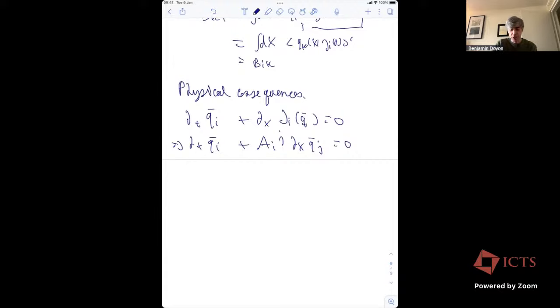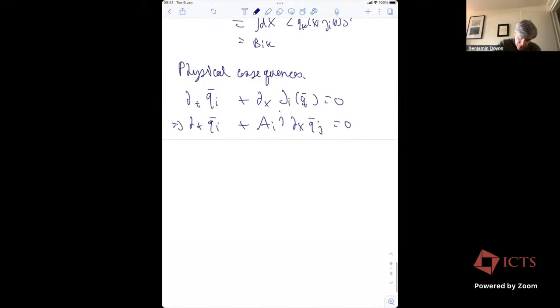I just use the chain rule for the derivative: d_x of the function is the Jacobian times d_x of its argument. So this is called the quasi-linear form of the Euler equation, of the Euler scale equation.